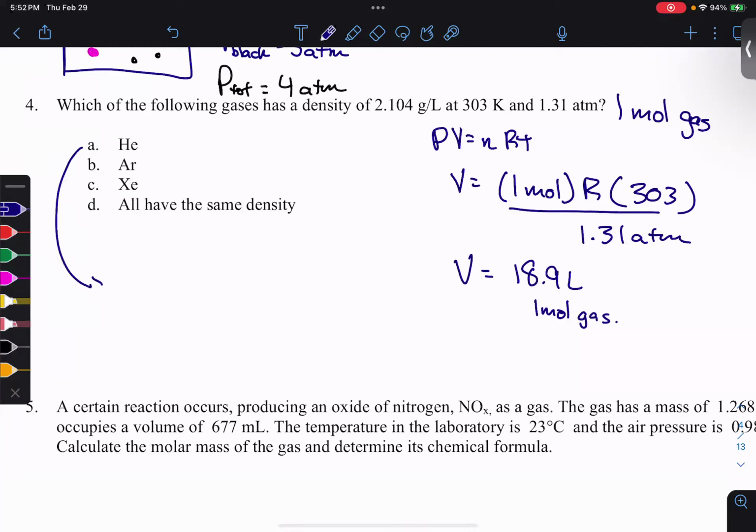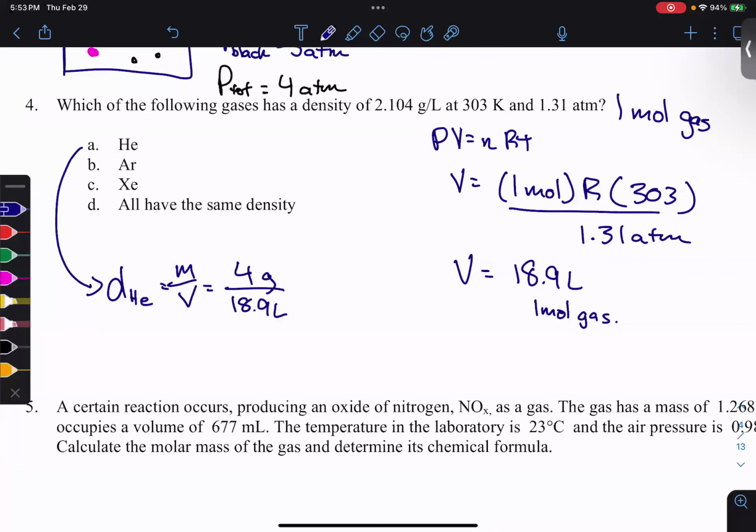So let's calculate the density of helium. If we start with 1 mole of gas sample, density is mass over volume. I know the volume of 1 mole of helium. It's 18.9 liters. How much does 1 mole of helium weigh? Yeah, it's on the periodic table. It's like 4 grams.